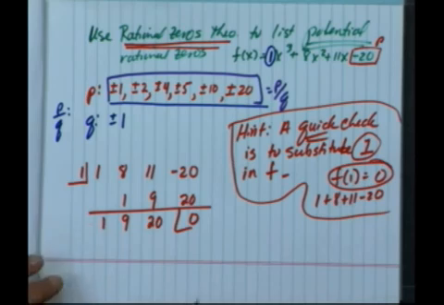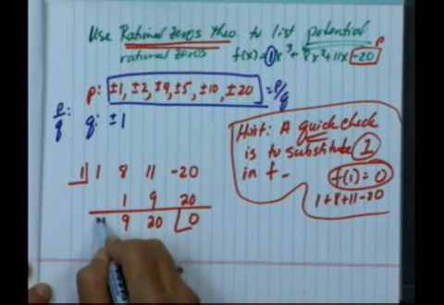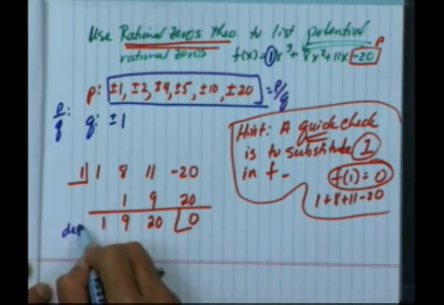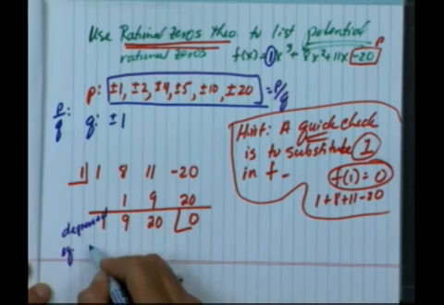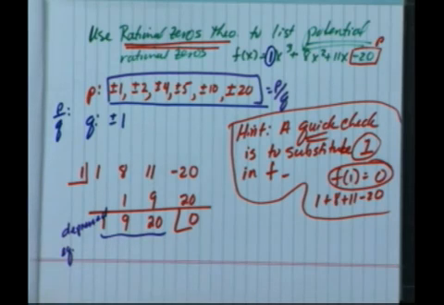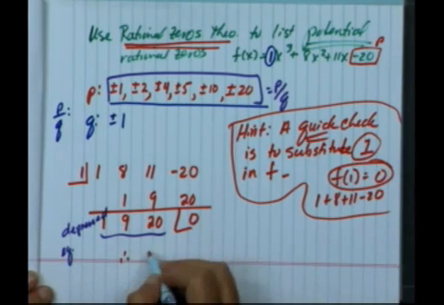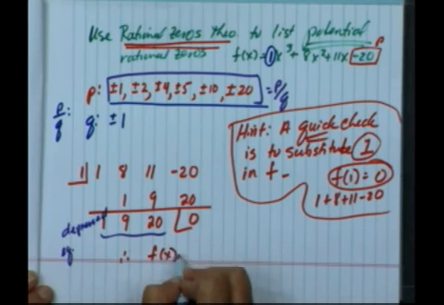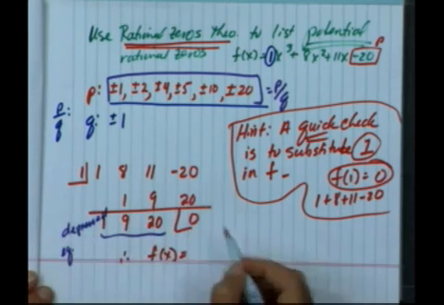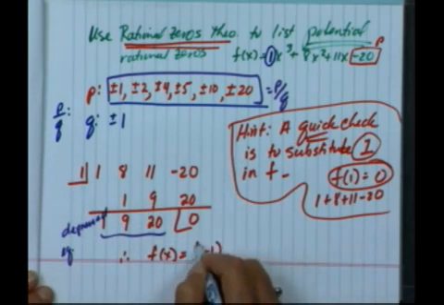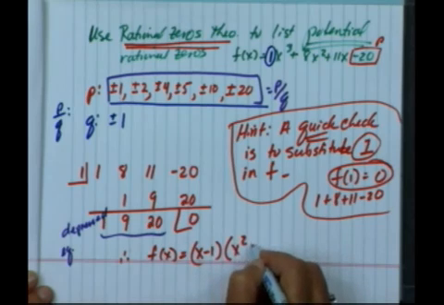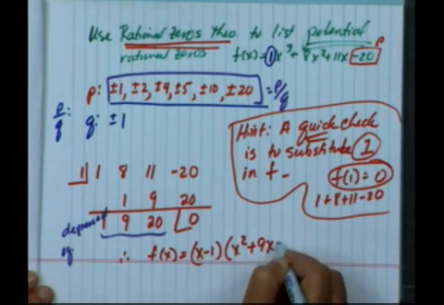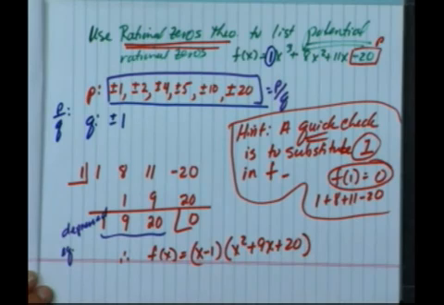Now, because I've got that remainder of 0, I'm going to be able to use my depressed equation to find my other factors, because I finally got it down to a quadratic. So therefore, f of x so far is factored to x minus 1 times, and what's this going to be? x squared plus 9x plus 20.